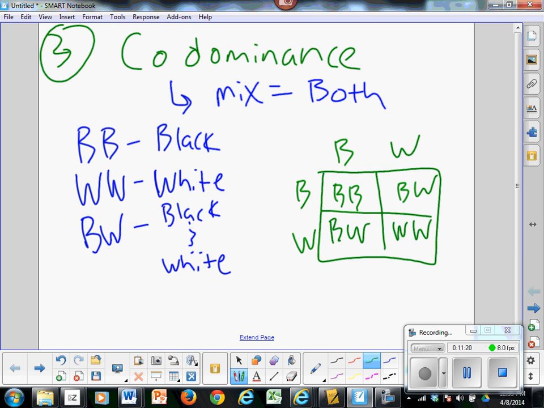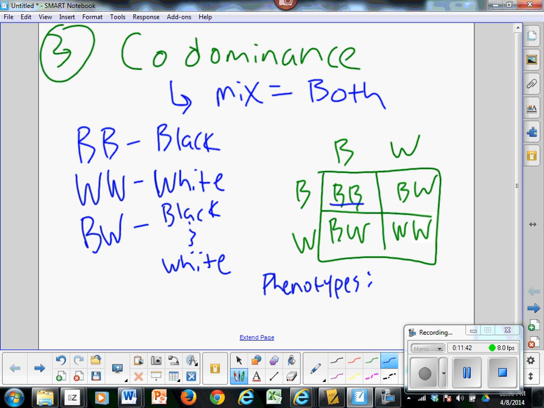What do we do with these individuals? You have two chickens that are both black and white. Let's look at the phenotypes. How many black chickens would we have?